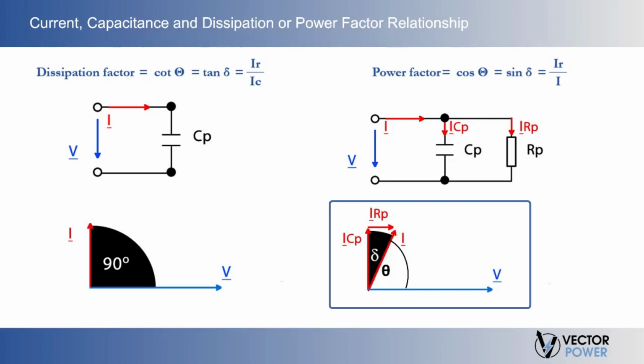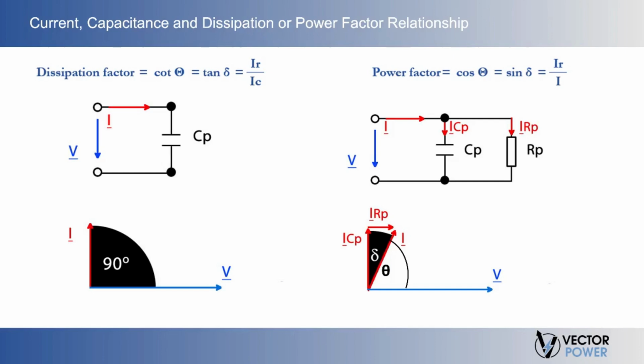The current taken by an ideal insulation, no losses, I sub R equaling 0, is a pure capacitive current leading the voltage by 90 degrees, or theta equals 90 degrees. In practice, no insulation is perfect, but has a certain amount of loss, and the total current, I, leads the voltage by a phase angle theta that is less than 90 degrees.